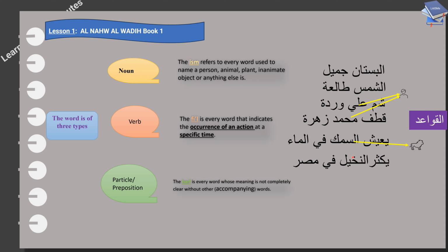Animal, سمك. Obviously this is a lion, but you know what samak means. But this is referring to an animal. Plant. These are the two, وردة and زهرة. Inanimate objects. البستان, الشمس. And anything else.